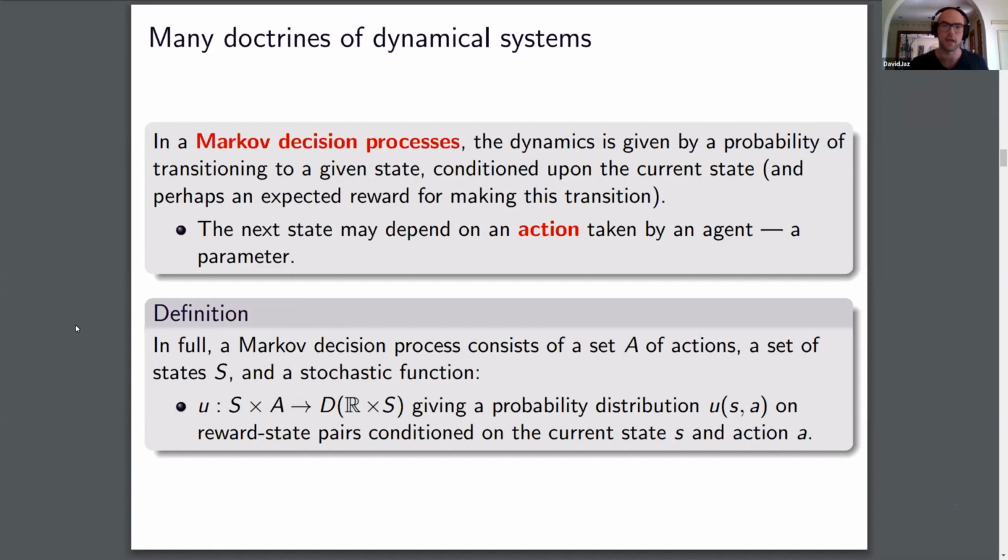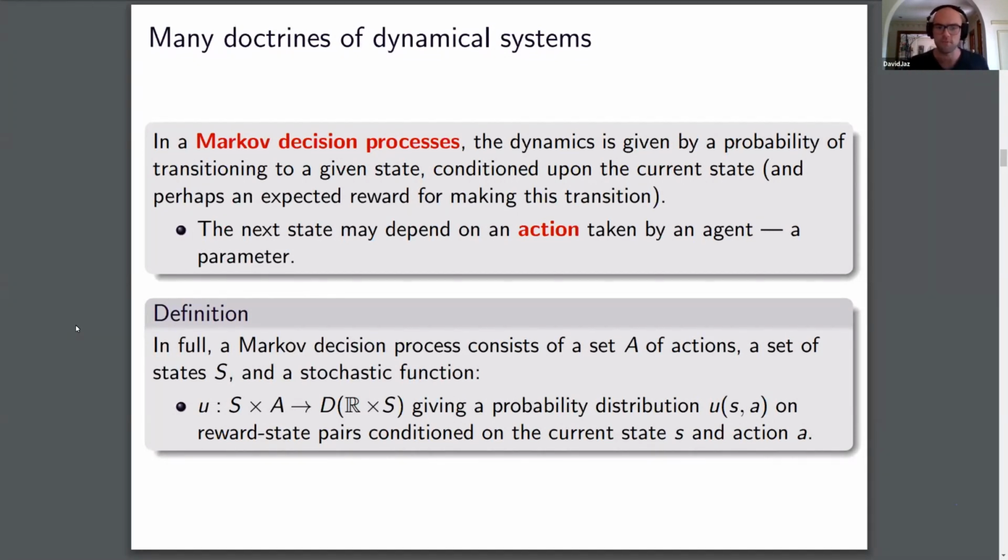This is often used in machine learning. The next state may depend also on an action taken by an agent, and the action is generally considered to be a free parameter. When we solve the problem associated with such a Markov decision process, it's usually to figure out which action maximizes reward, but that's separate. That's which parameter do we plug in to maximize reward.